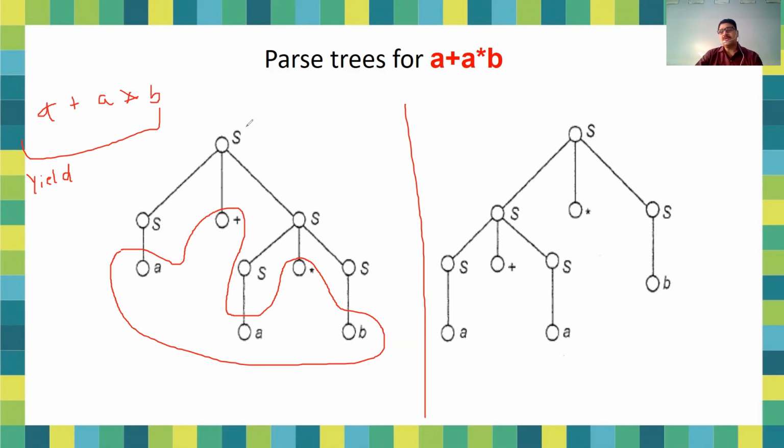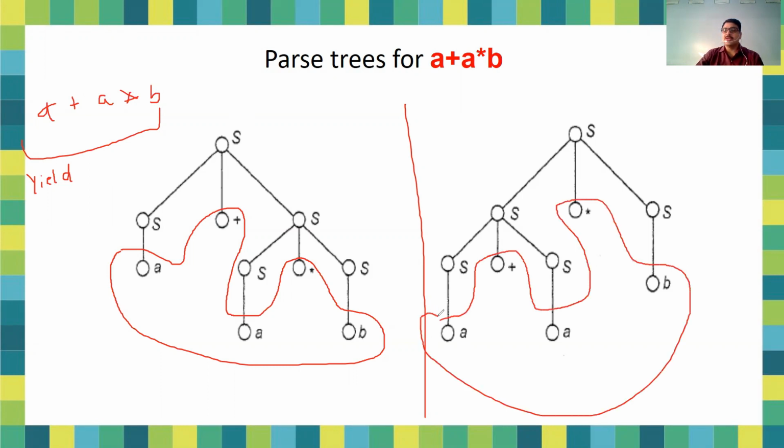Now we are going to try another parse tree. So this is another parse tree that can be constructed for the same string. So now you can check whether the outcome string is the same or not. In the same way, start with the leftmost leaf node and cover all the nodes by concatenating all the levels: a + a * b.